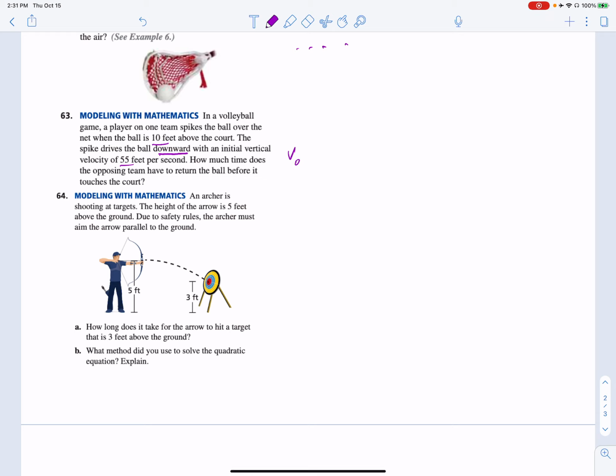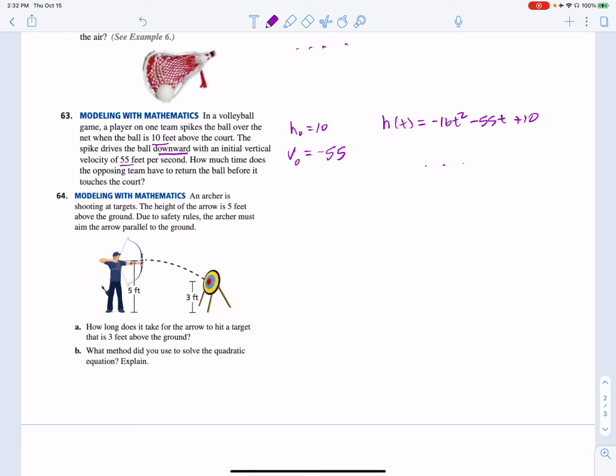Since it's going downward, the velocity in the equation has to be negative. So you're going to get an initial height of 10, and h of t is going to be negative 16t squared minus 55t plus 10. And then continue from there.